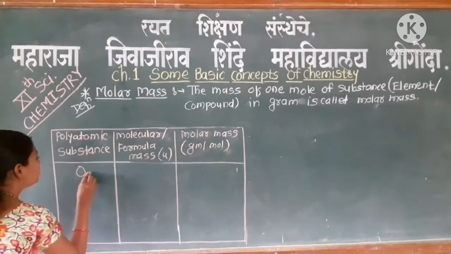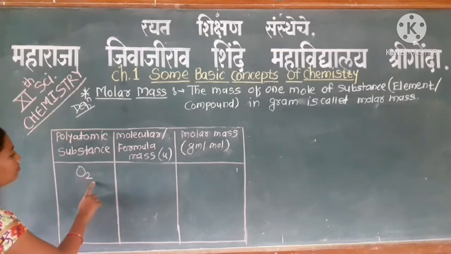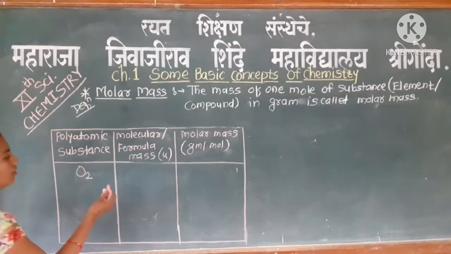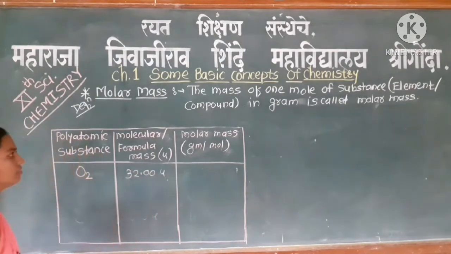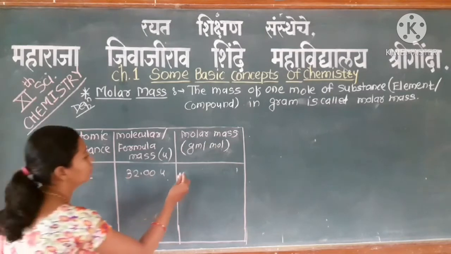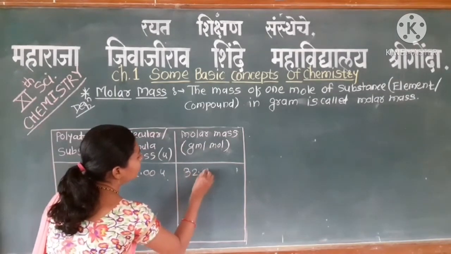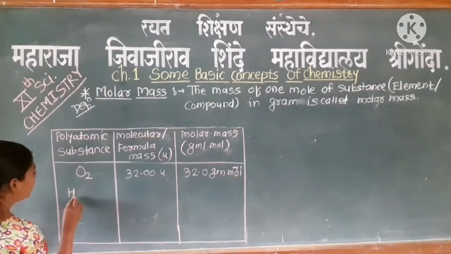A diatomic molecule, that is O2, the oxygen molecule, has molecular mass or formula mass 16 into 2, that is 32 unified, and its molar mass is 32 gram per mole.